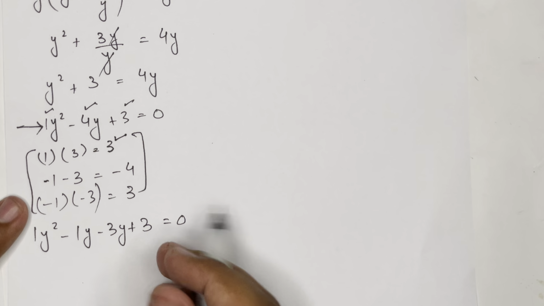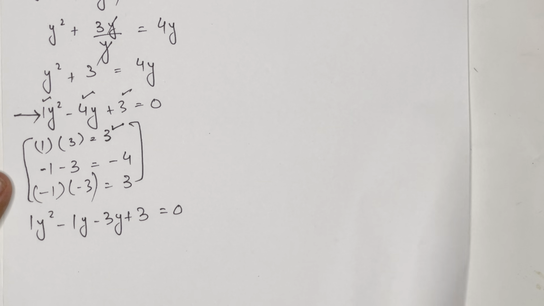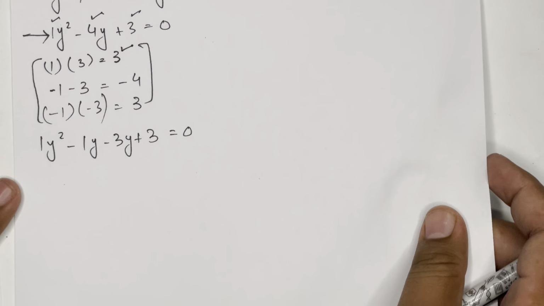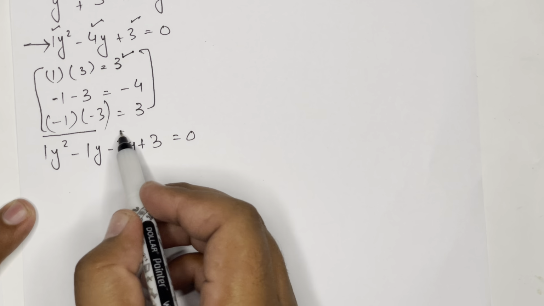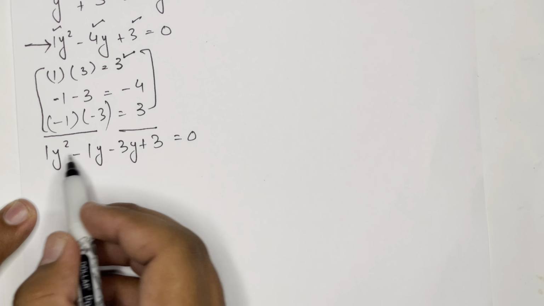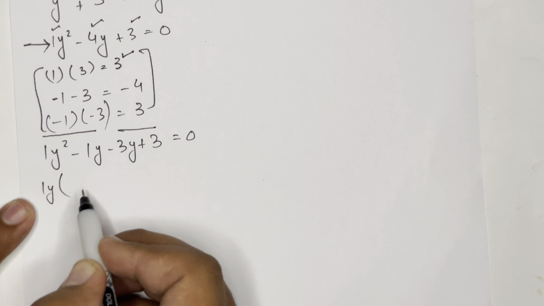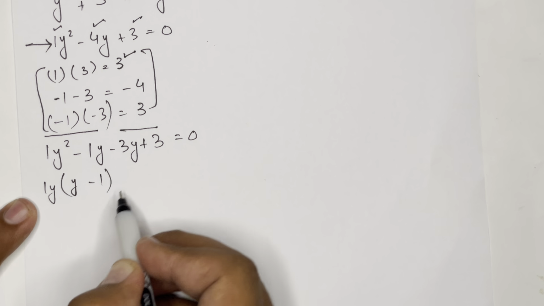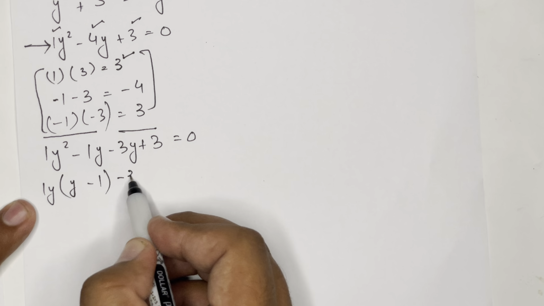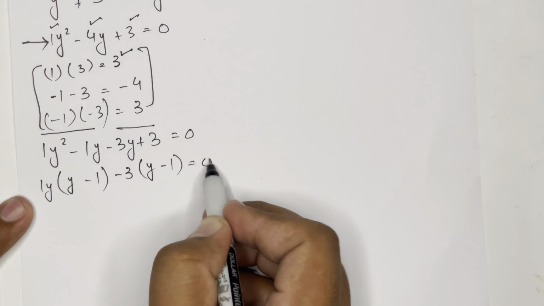Okay. Next I have to take common factors from this equation, from these two terms and these two terms. In this case I take common 1y, and the remaining will be y - 1, and in this case I take common -3, and the remaining will be y - 1, equal to 0.